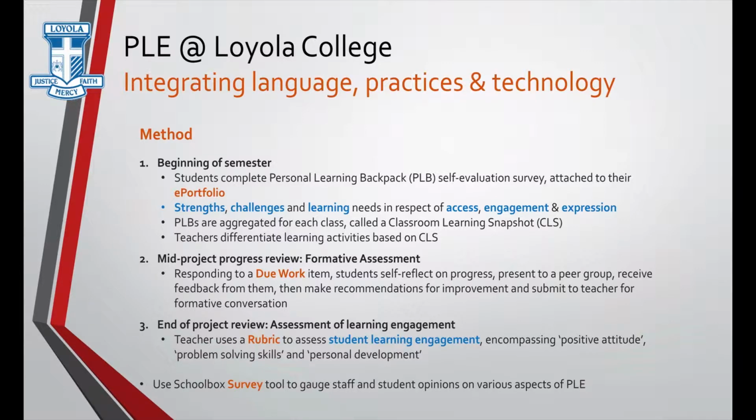Then at the end of the project, they would do the same thing, only reflecting back. But importantly, at the end of the project, the teacher would mark a rubric, which we call a number of things. We called it learning agency. We might end up calling it learning engagement. You've called it learning behaviours.